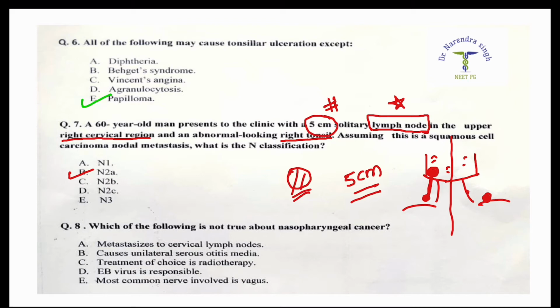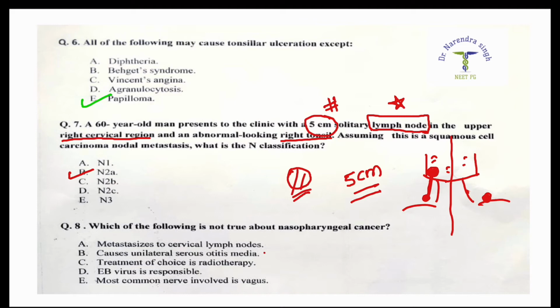Now question number 8, which says: which of the following is not true about nasopharyngeal cancer? So option A, that is metastasis to the cervical lymph node. We know that almost all of the head and neck malignancies will metastasize to the cervical lymph node. Now, option B, causes unilateral serous otitis media.